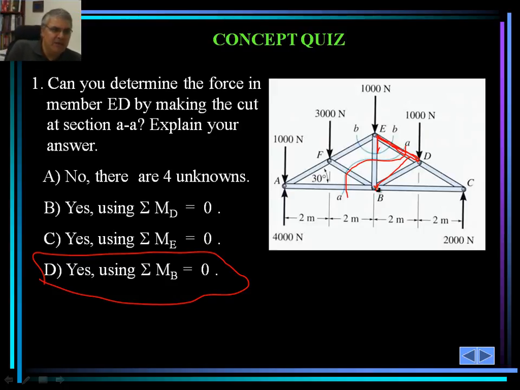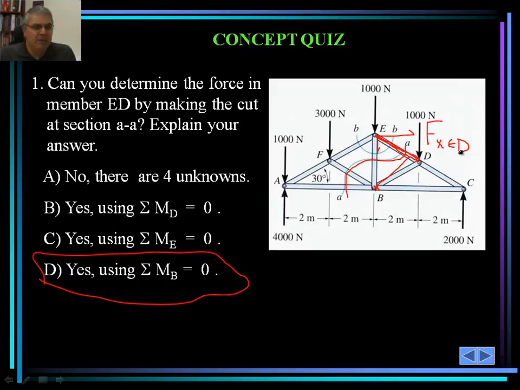Again, in this case, this component would go through B, so there will be only an X component of ED. So F sub X of ED would be of interest.